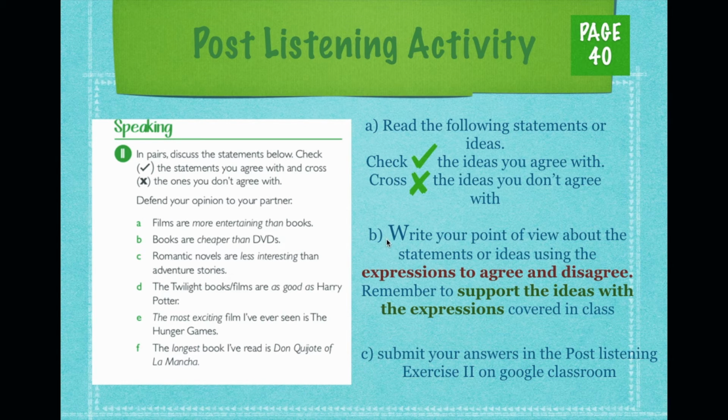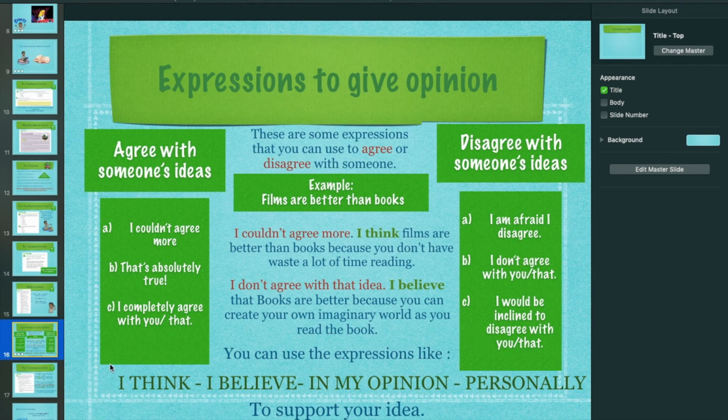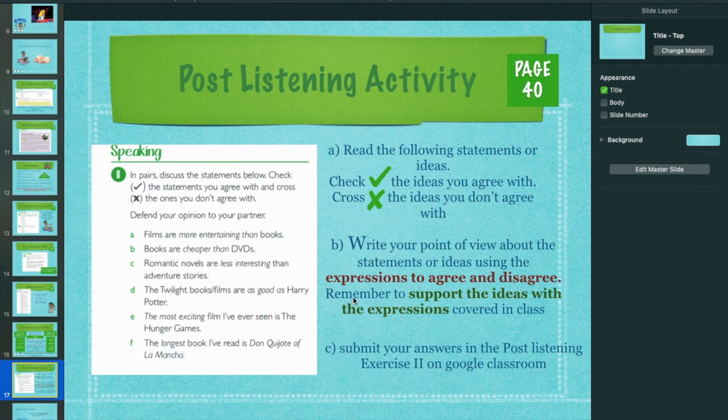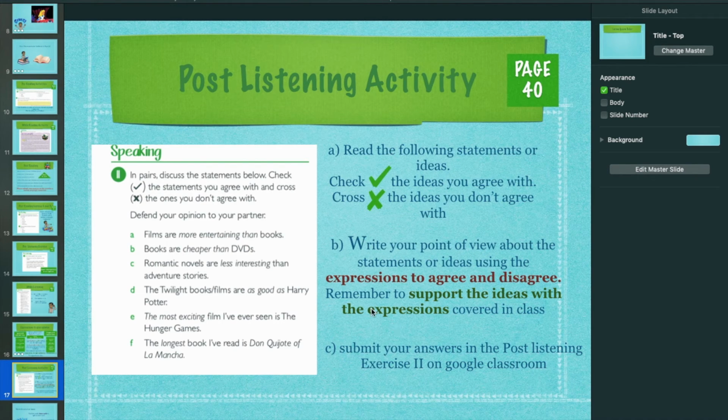Okay? Then, I need you to write your point of view about the statements or ideas using the expressions to agree and disagree, these expressions. And remember to support the ideas with the expressions covered in class. These ones that we have here as well. Okay? So, basically, I need you to give your opinion about these 6 different statements that we have here.